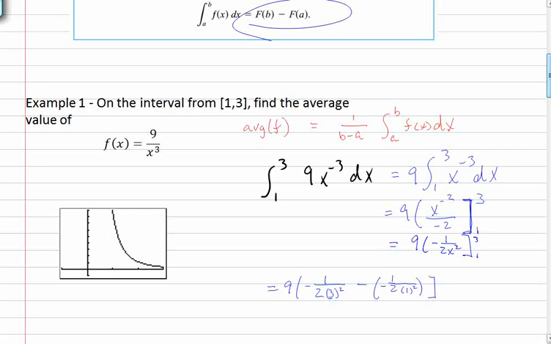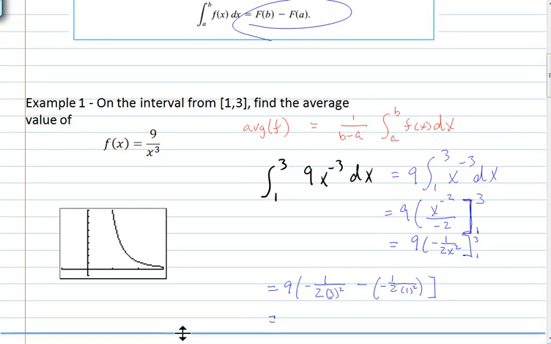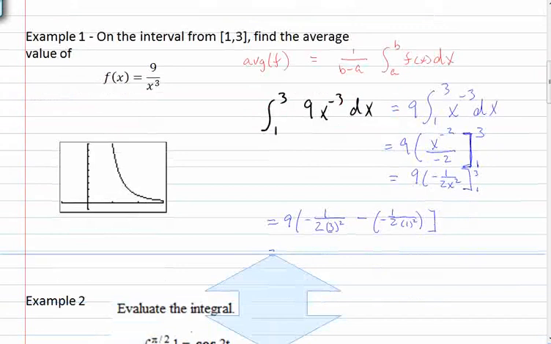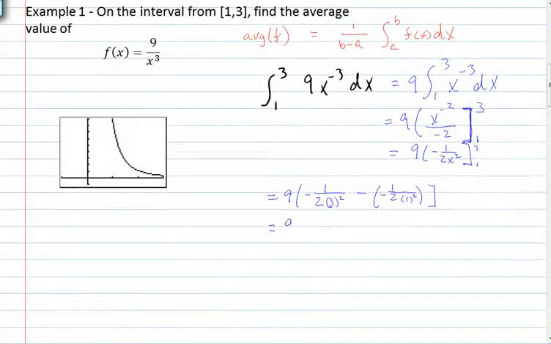So then what I did was I just plugged in my upper bound right here into that antiderivative, and my lower bound right here into the antiderivative, and now we just take care of the arithmetic, right? So this is going to be 9. I'm going to need more room, I know. This is going to be 9 times negative 1/18 plus 1/2.